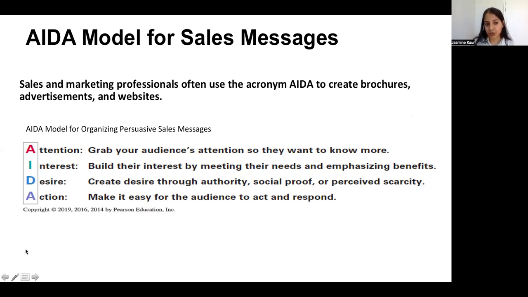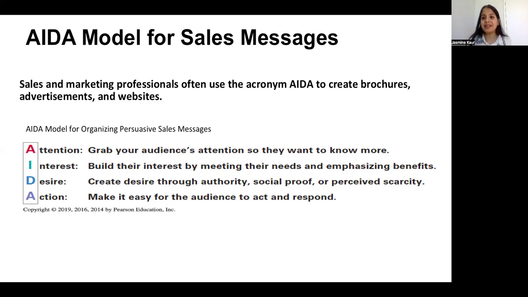So what we are trying to do over here is whenever we try to sell our products, you must have seen it being utilized in a number of advertisements, brochures, websites, wherein they utilize this model in order to capture the interest of the customers, wherein they build their interest, stimulate this desire, and at the end, they close. They close the message with a call for action that please try our products, or we have samples available, or the product is available for free for the first 15 days. Try it out, use it, and then you get an idea.